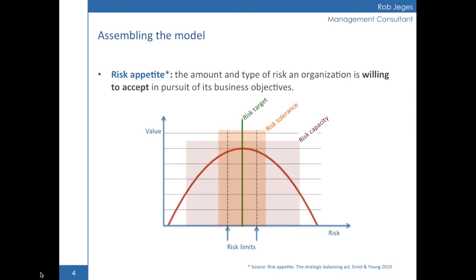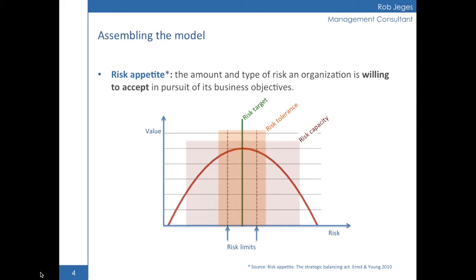Risk appetite is a collection of all these, and it represents, as the definition tells us, the amount and type of risk that the organization is willing to accept. So here we have all the elements that are coming into play. We have a capacity that sets a hard limit. Then we have the tolerance, which is about the willingness of the organization, and a risk target that sets us a course, a direction, what to aim for.